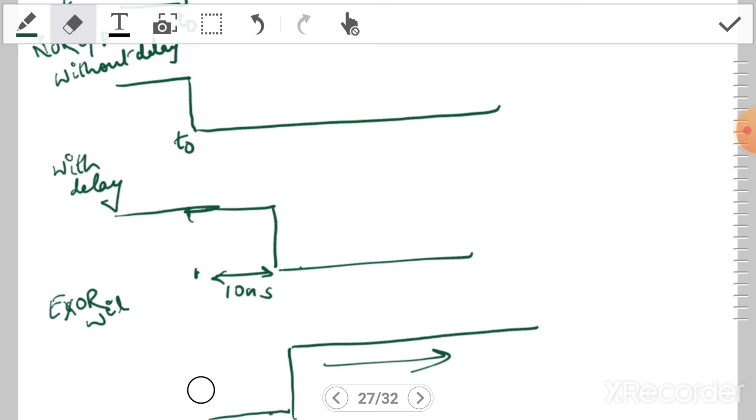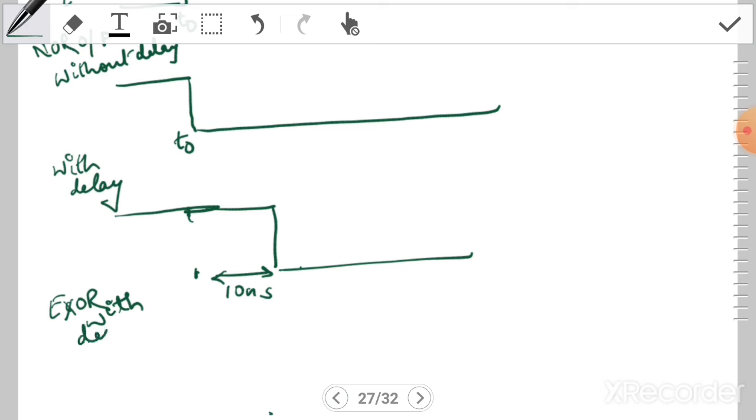With delay, there is a 20 nanosecond delay due to the XOR, so this will be 10, 10 and 20.